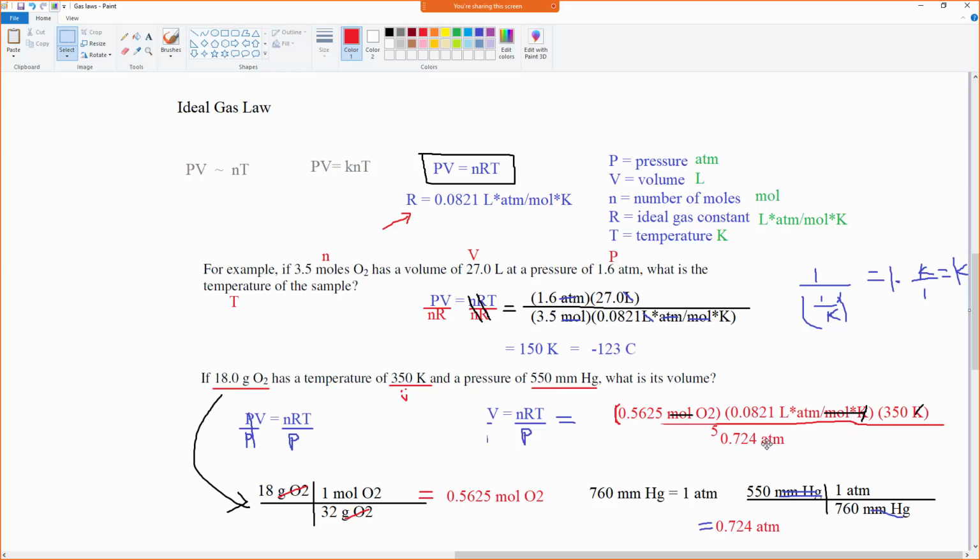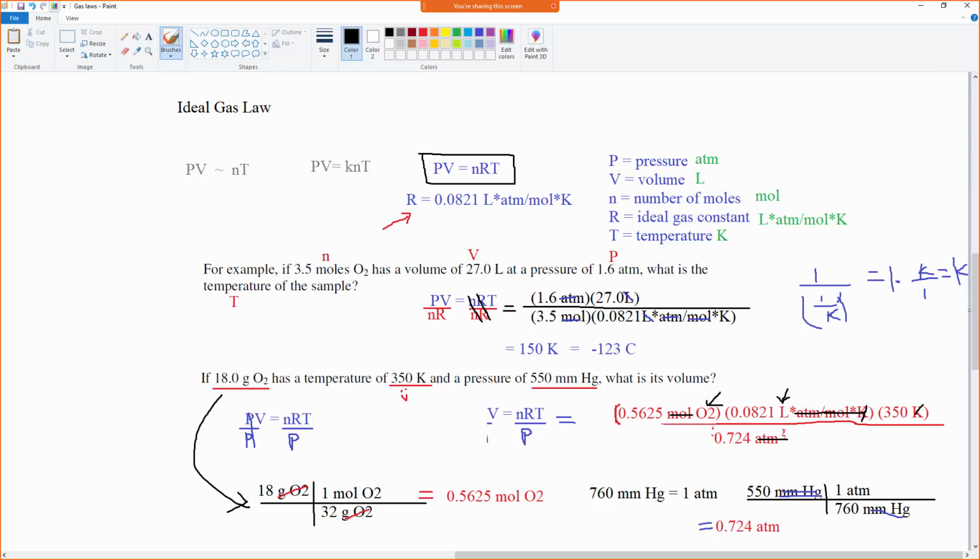Okay, so we put that there. And now our atmospheres cancel. And when we are done, we will be left with liters of oxygen. See, the oxygen didn't cancel. Liters of oxygen on top.